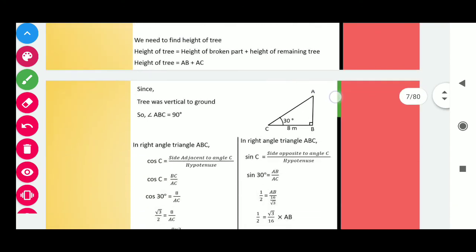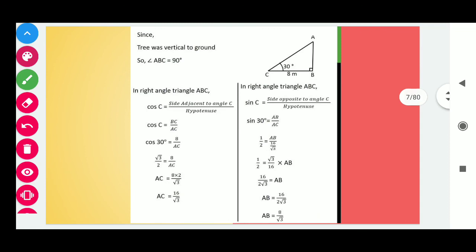Now students, since the tree was vertical to the ground, angle ABC is 90 degree, obviously that makes a right angle triangle.